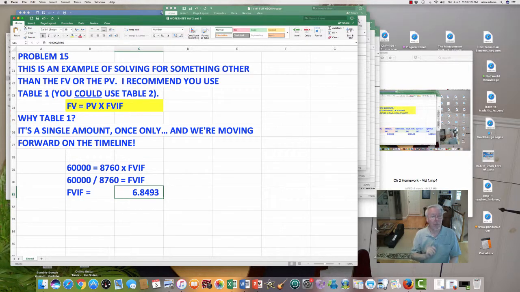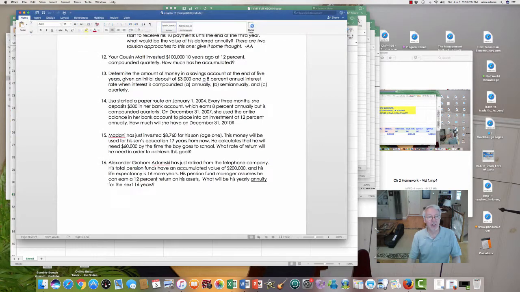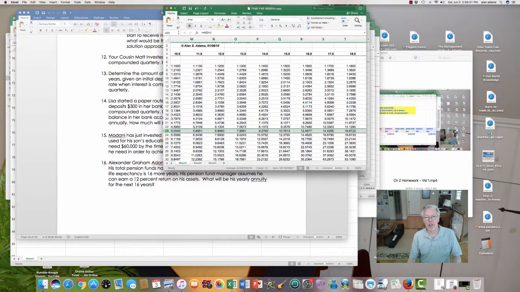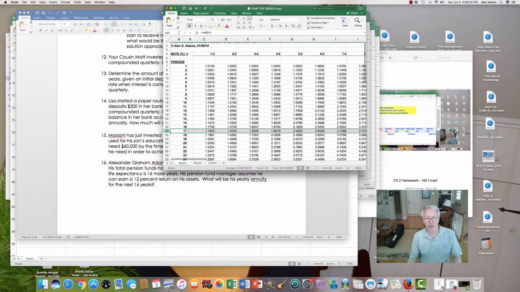Now that we have that number, we know that it lives somewhere within table number 1. Since we are solving for the interest rate, we have to know the amount of time involved, and that amount of time is 17 years, right there, 17 years from now. So we come over here to table number 1 and say, okay, 17 years, there it is.